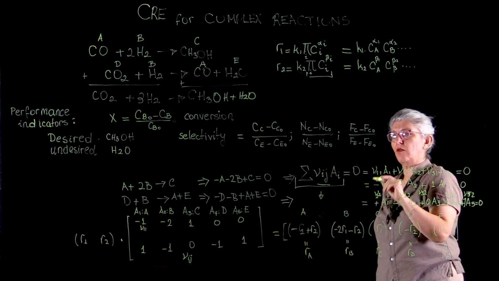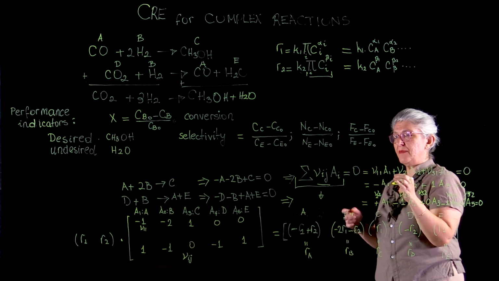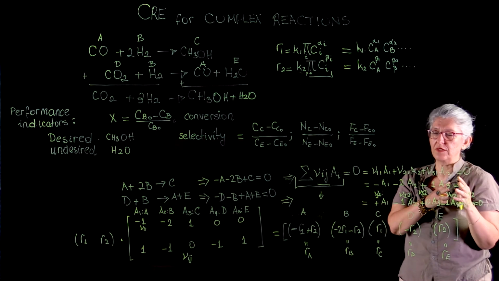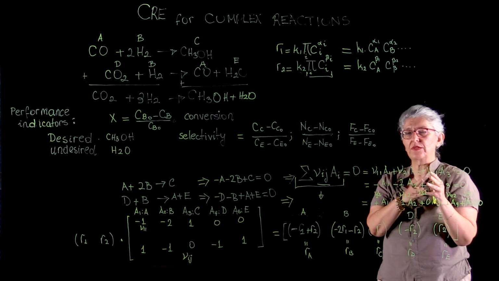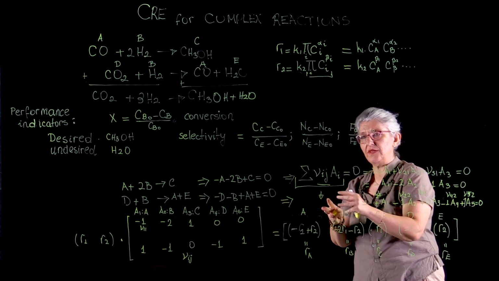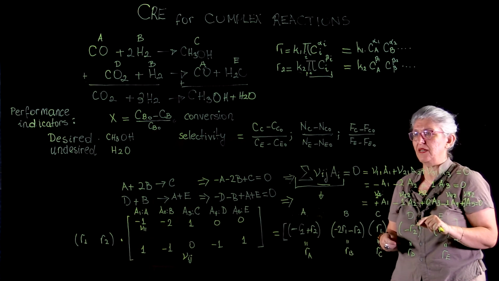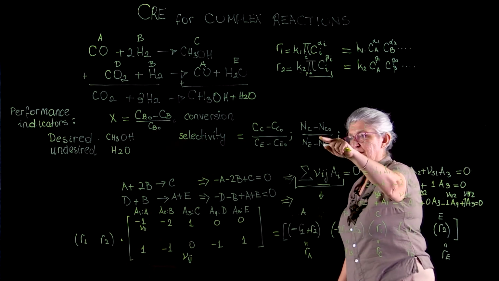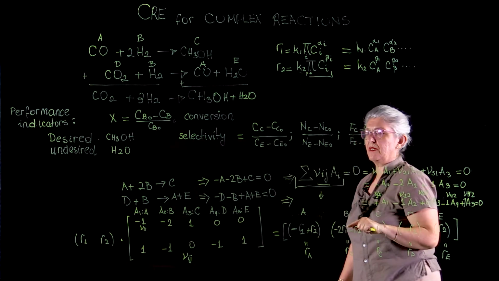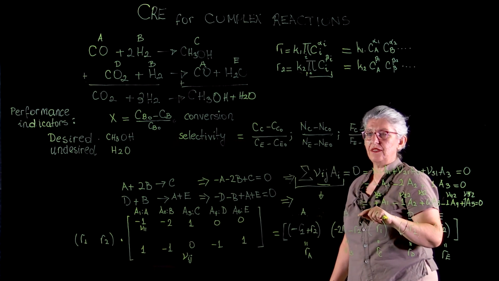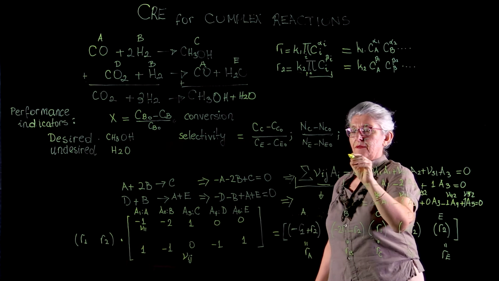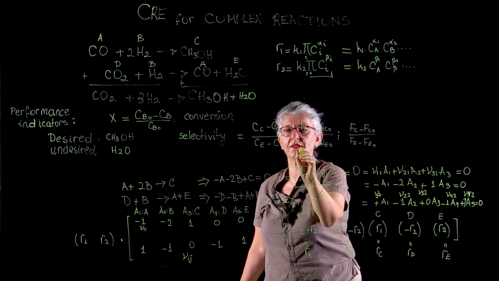So these are overall selectivities. I measure the amount produced at the end of the reaction, compare it to the amount that I have put into the reactor in the beginning, and so this gives me the overall selectivity. This is the overall selectivity.